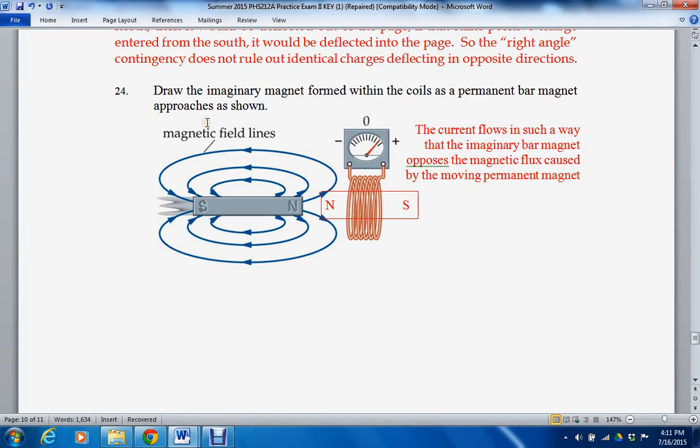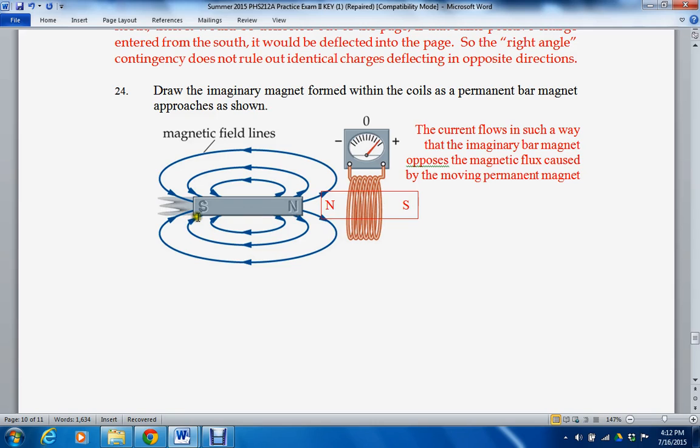Draw the imaginary magnet formed within the coils as a permanent bar magnet approaches as shown. So this permanent bar magnet has a little rocket ship on the back of it. These are the magnetic field lines that I would have drawn before if I had done that. It's going toward this loop of wires.